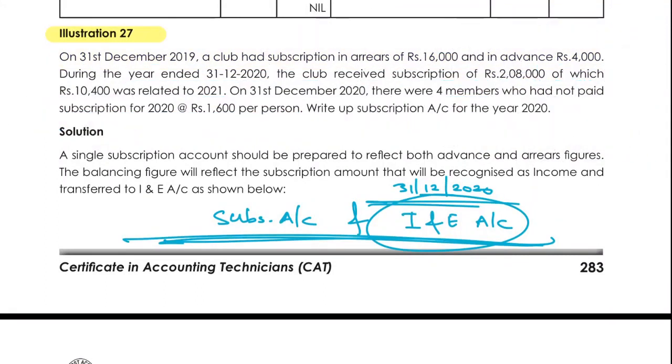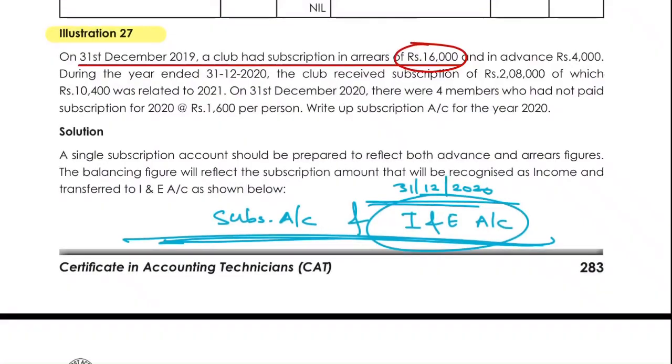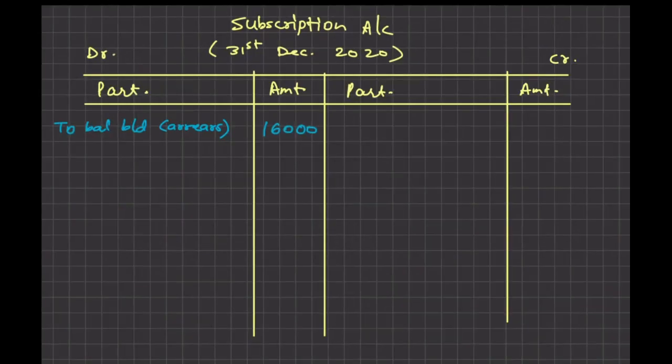Okay. So first, on 31st of December, the club started with the subscription in arrears of rupees 16,000. So I will go to my subscription account and write to balance brought down arrears of how much, sir? 16,000. Moving on, there is an advance of 4,000 of the previous year.